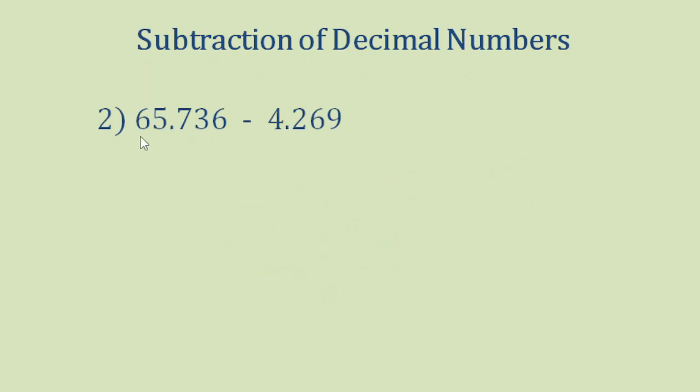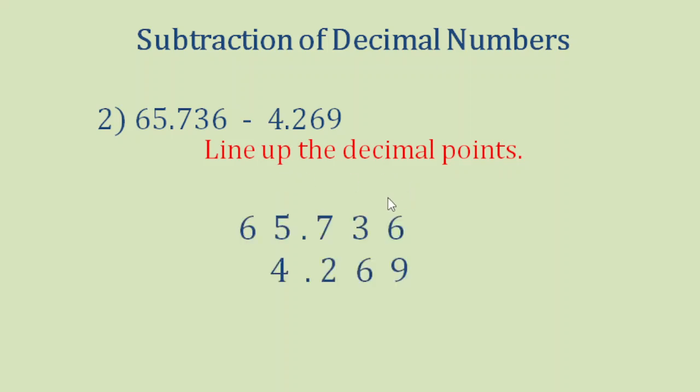Example number 2, 65.736 minus 4.269. Here, since we have decimal points, it is easy to line up the corresponding digits if we will just line up the decimal points. That will look like this.